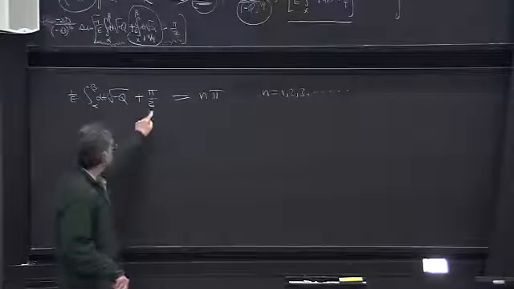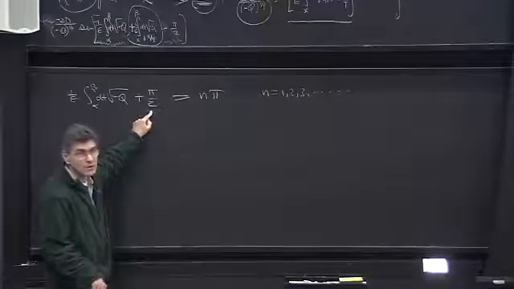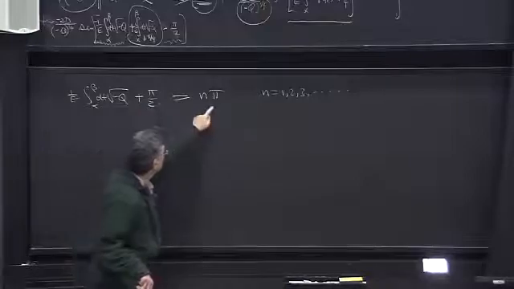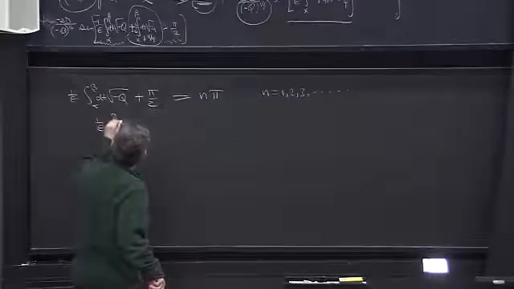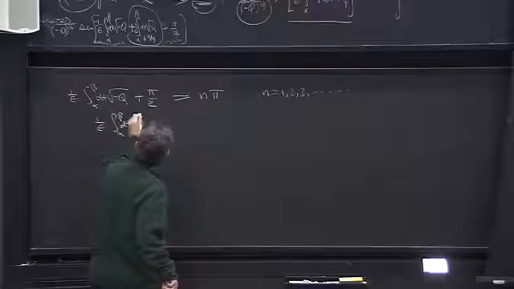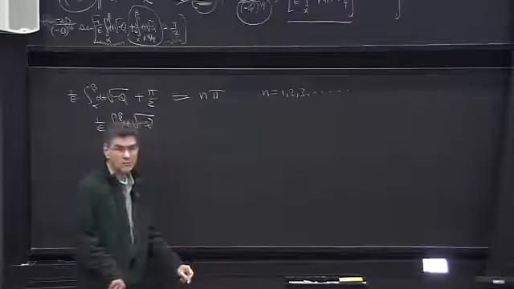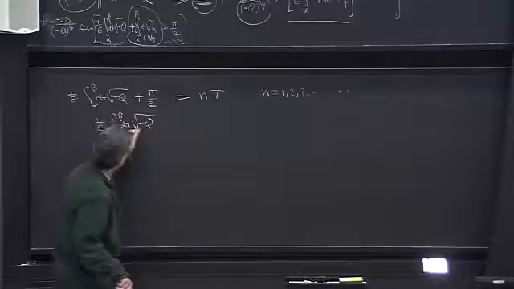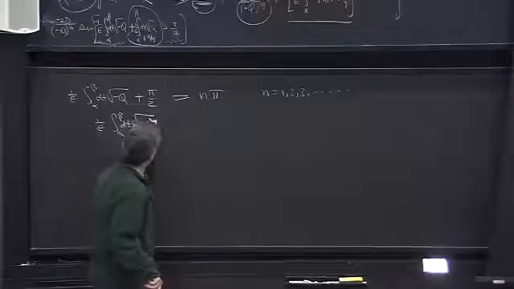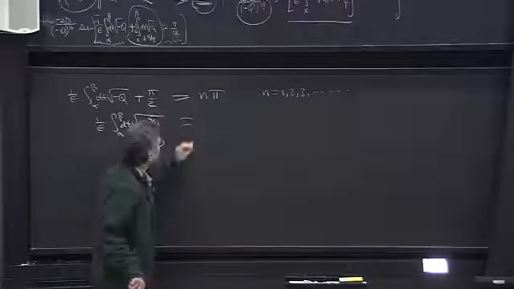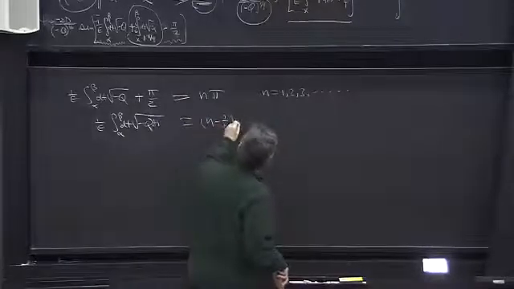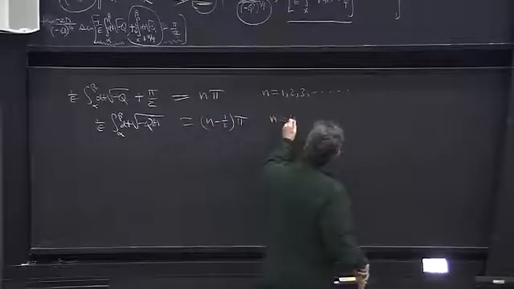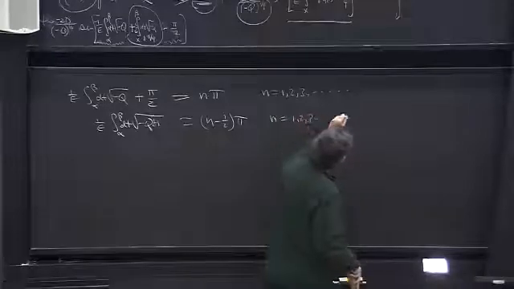And you notice that there's a pi over here. So I could subtract this pi, and I could require that 1 over epsilon integral from alpha to beta dt square root of minus q of t is equal to n minus 1/2 pi for n equals 1, 2, 3.